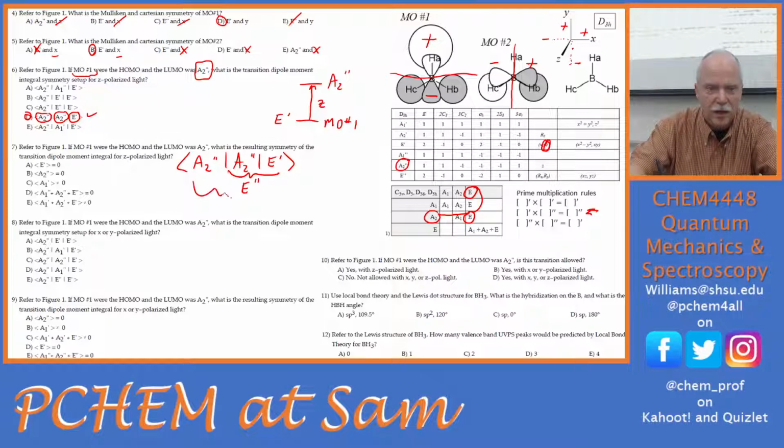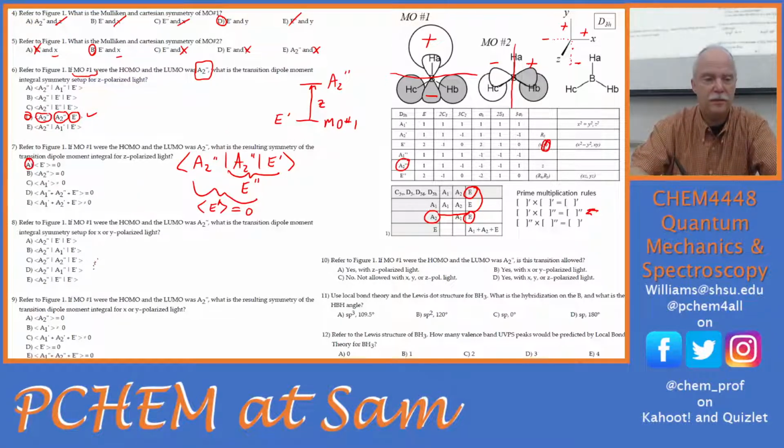And then A2 times E gives us E again, and double prime times double prime gives us prime. And so that gives us E prime, and that's going to equal 0 because it's not the top row. So we've got this one.